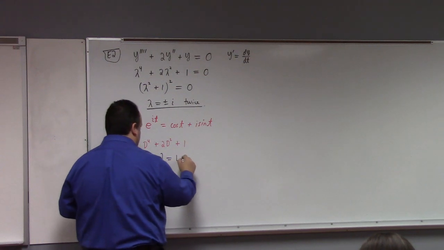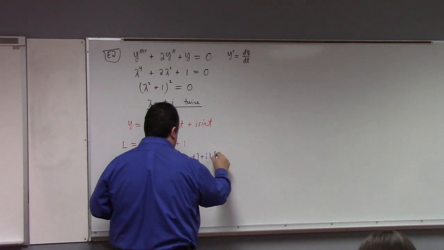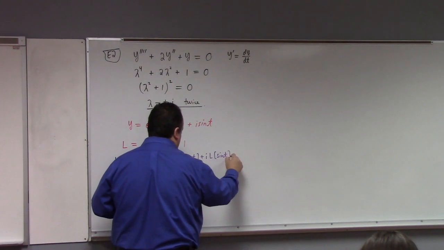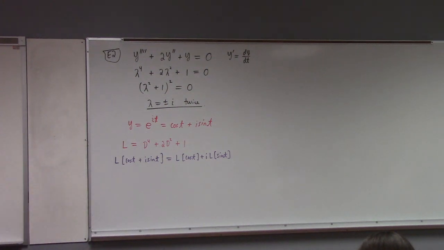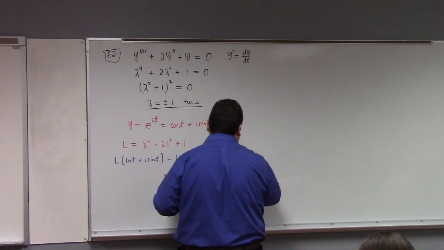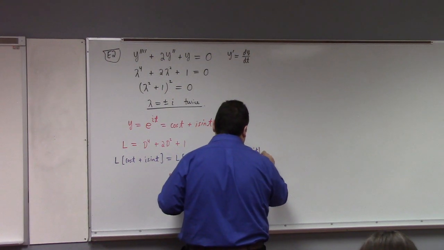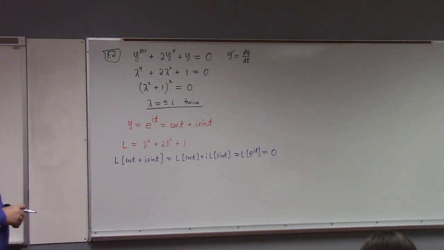Well, I get L acting on cosine t plus i times L acting on sine t, right? But overall, it's L acting on e to the it, which we know is 0 from the arguments which I've presented to you in the last hour or so. So we know that's 0.